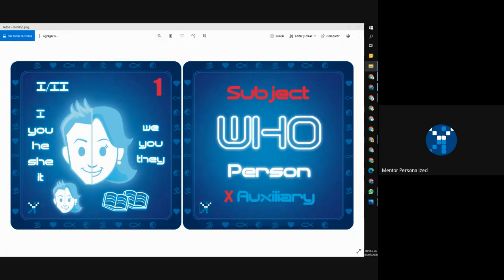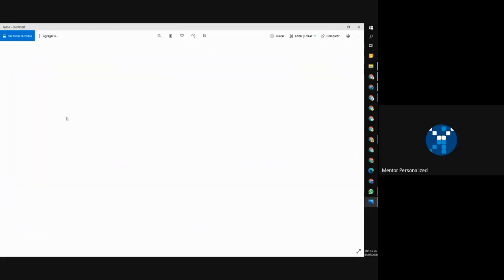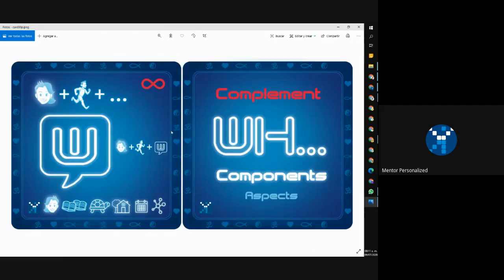We can refer to that in this particular flashcard, where we can see that you represent the subject with this image, like the person, but you can have a place. For example, you said the supermarket is bigger than the bank. You may even refer to a day of the week in the subject position.